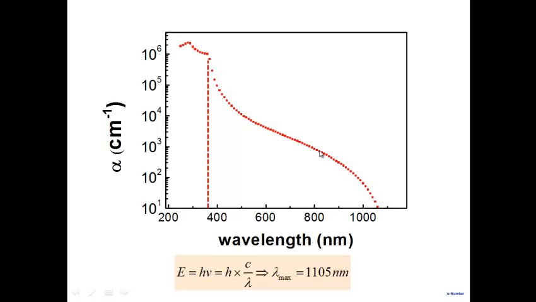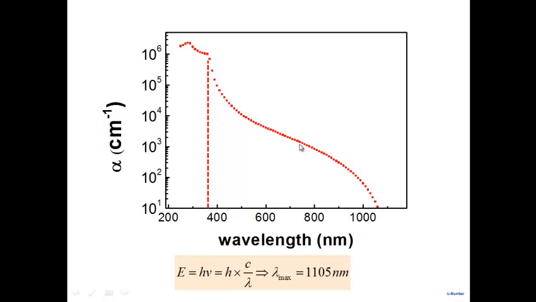Which means, what is the thickness of silicon that I require to absorb the entire light? 2.3 divided by 10 to the power 3, right? So it would be 23 microns. I require a 23 micron thick semiconductor to absorb all the incident photons which have an absorption coefficient of 10 to the power 3.